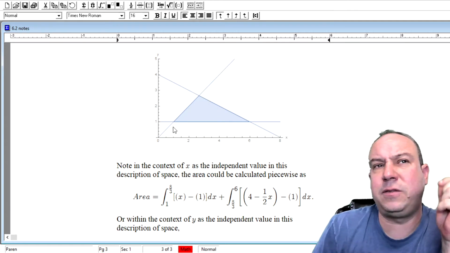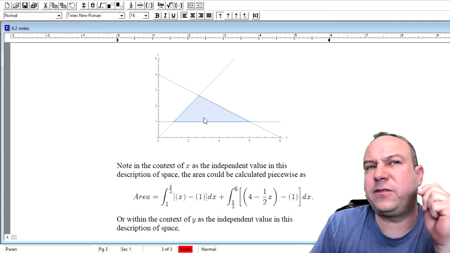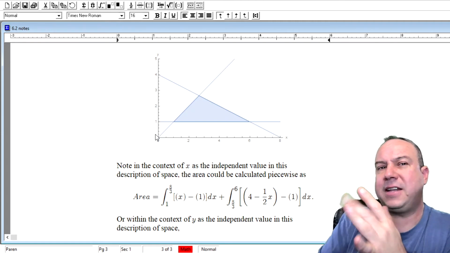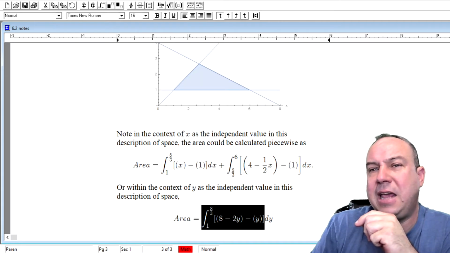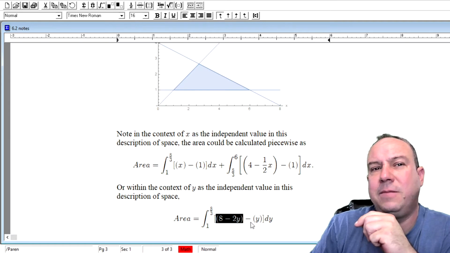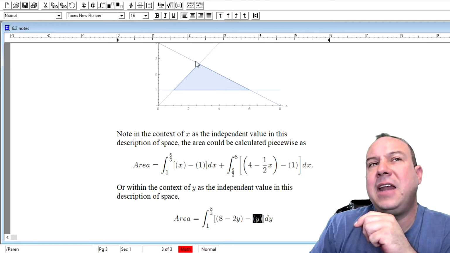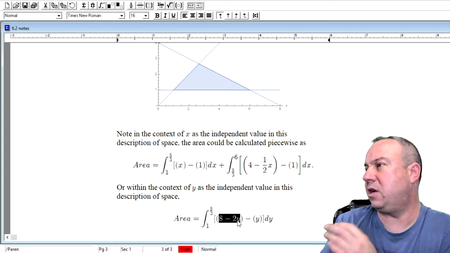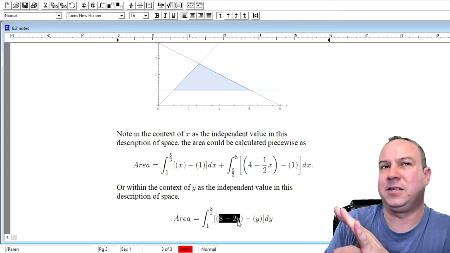That entire region's lengths form horizontally, starting closer to the y-axis at y, and extending out to this linear relationship, which written as a function of y would be 8 minus 2y.